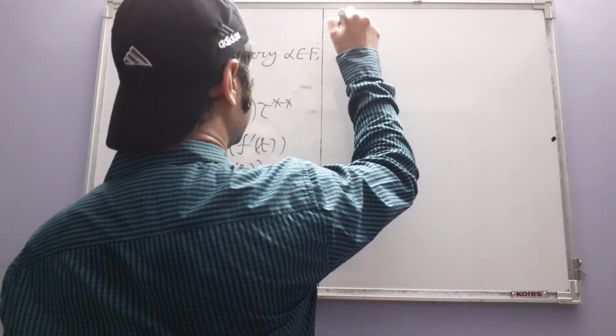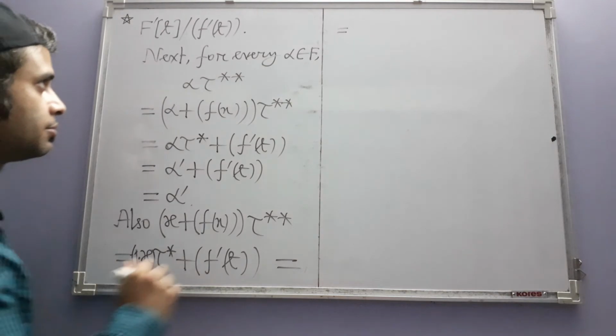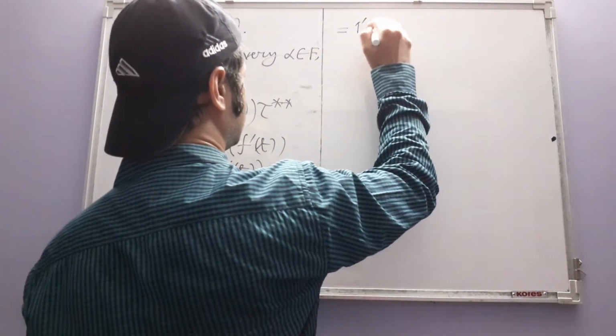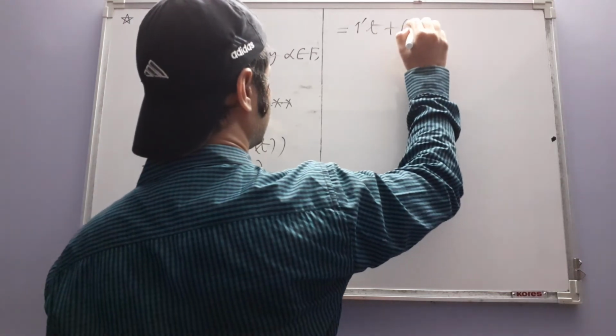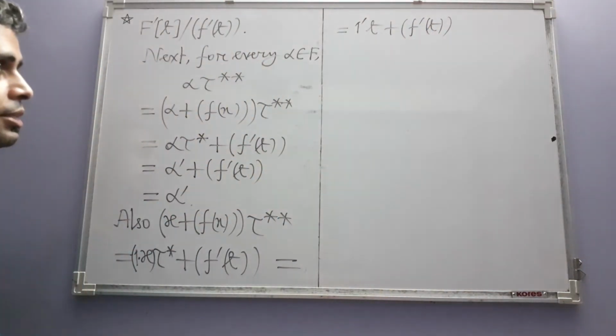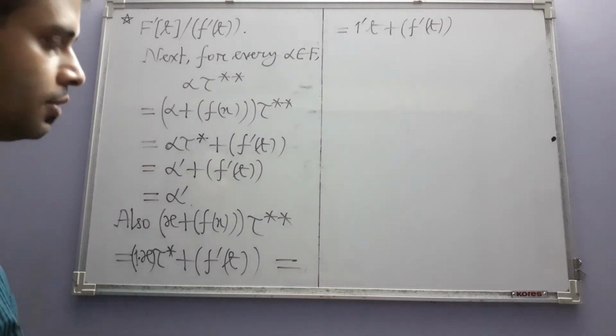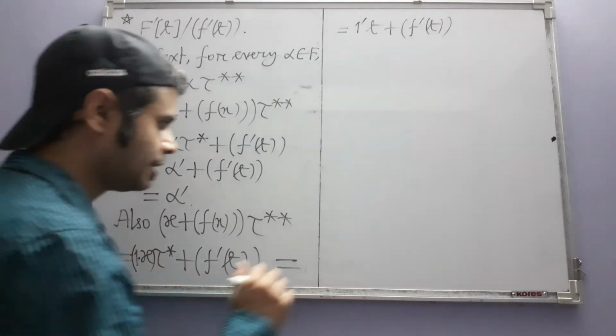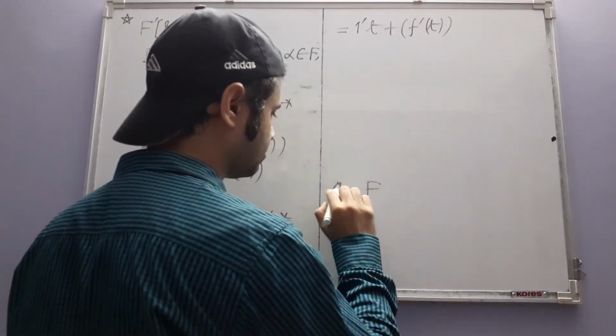And so by the definition of tau star, we should have 1 prime here times t. Now what is 1 prime?